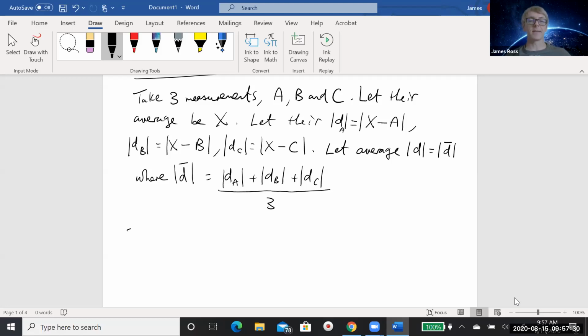Given all of that, then the percent relative average deviation from the mean is going to be the average absolute deviation divided by the mean, times 100%, and the parts per thousand relative average deviation from the mean is going to be the average absolute deviation divided by X, which is the average, times 1,000.